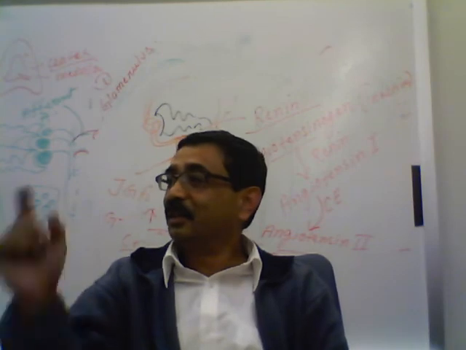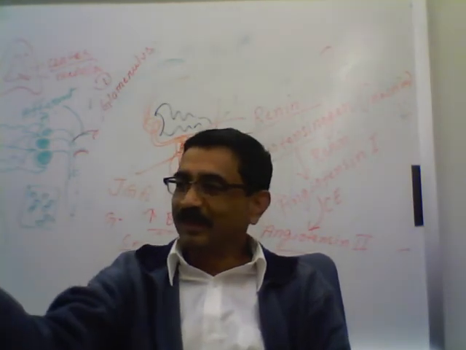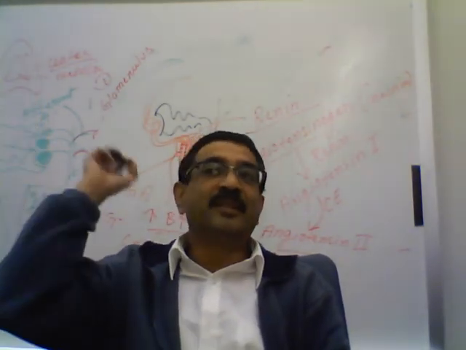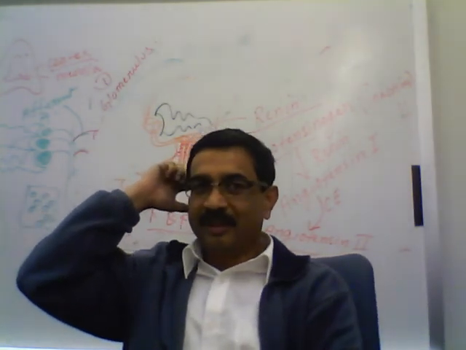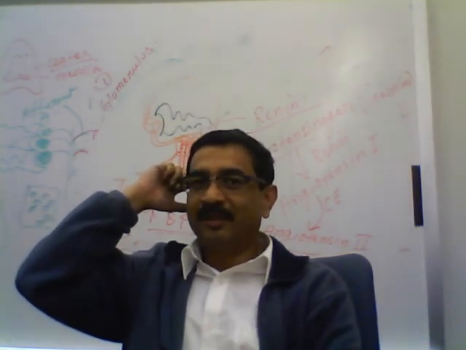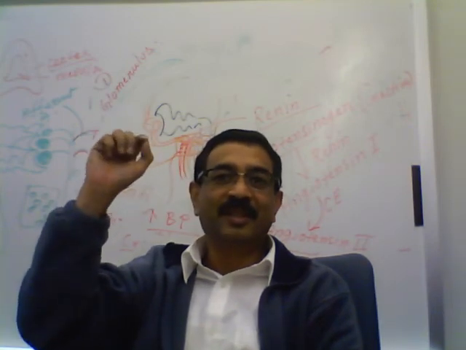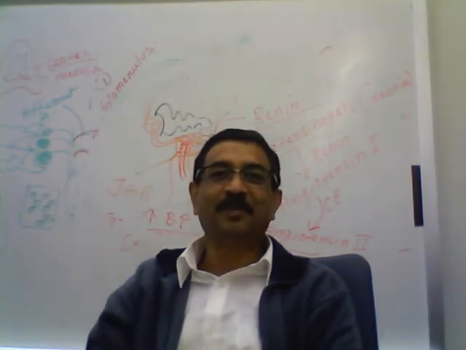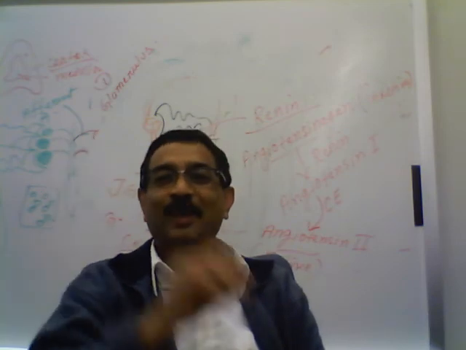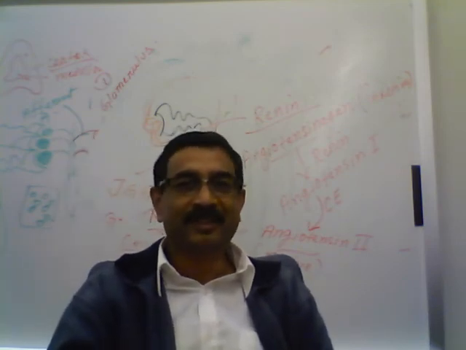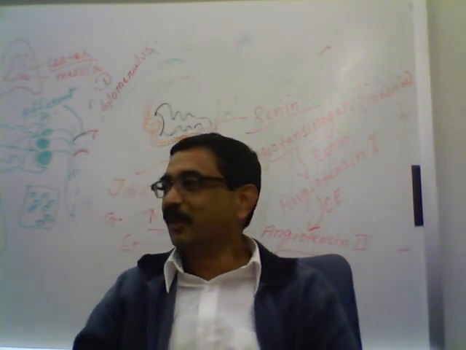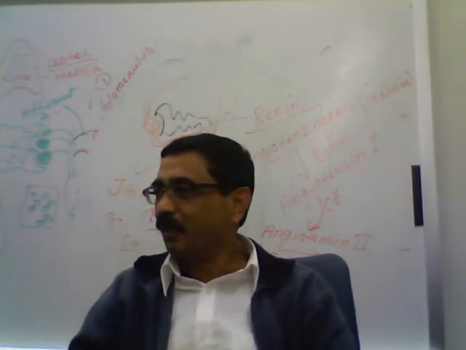Interestingly, angiotensin 2 has another way to increase the blood volume. It stimulates the thirst center in your brain. If your thirst center is stimulated, what will you feel? Thirsty, right? So you'll drink more water, more fluid.